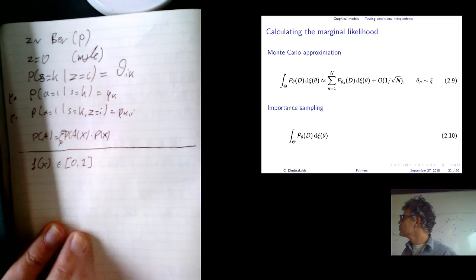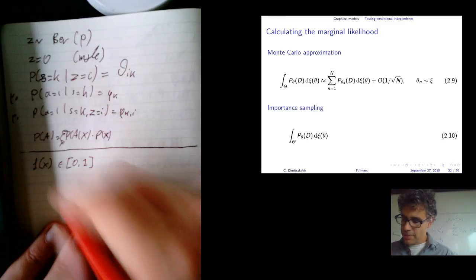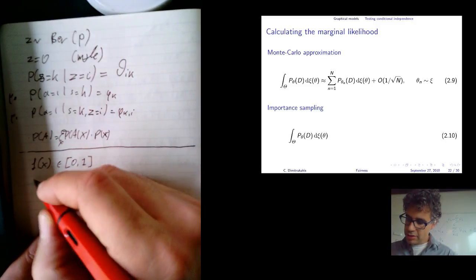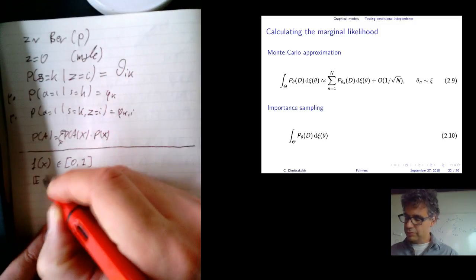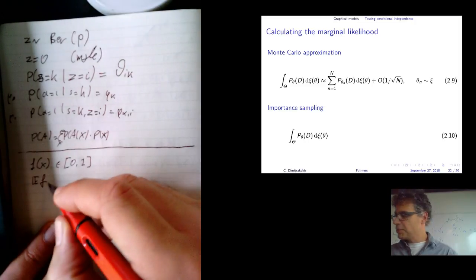Then let's say that we want to calculate the expectation of this function, but we cannot.